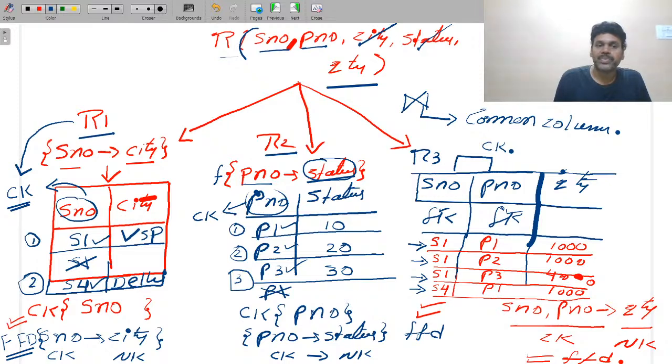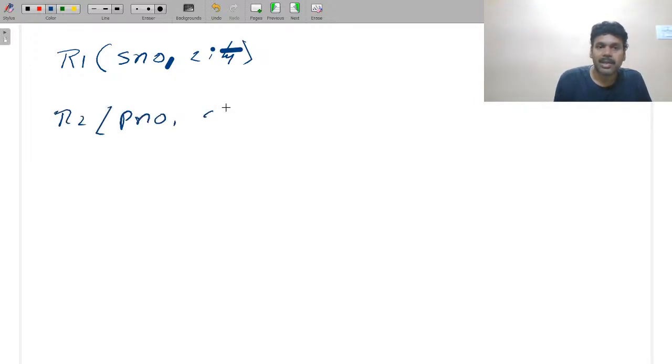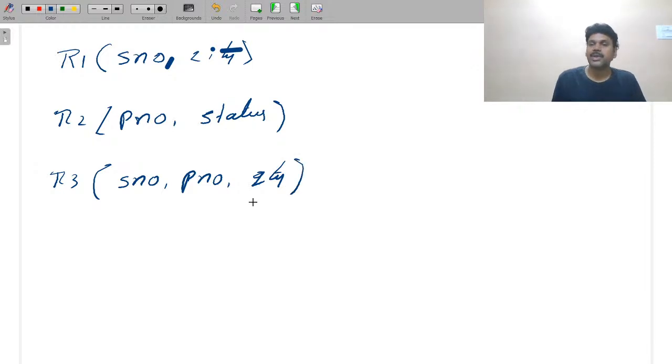What is the first table? S number, city. Second table, P number, status. Third table, S number, P number, quantity. I am writing that. S number, city. Second table, P number, status. Third table, S number, P number, quantity. So your single relation is split into three tables. Your functional dependency, S number implies city.